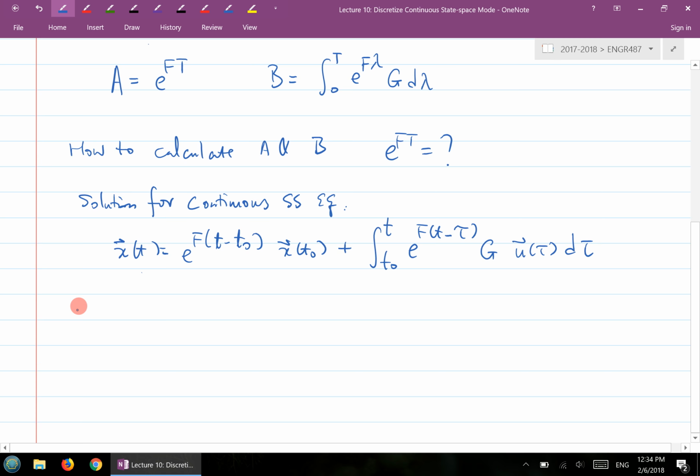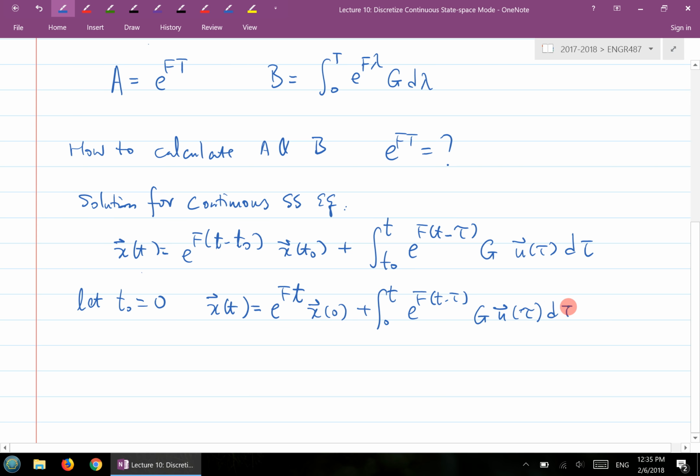So let's take a look at this solution again. This time I'm going to let t naught equal to 0. t naught is your starting time. We integrate from t naught to t, where t is the current time. So in this simpler case, the solution becomes x of t equals e to the power Ft times x naught, plus the integral from 0 to t of e to the power F times (t minus tau) times G u of tau d tau.